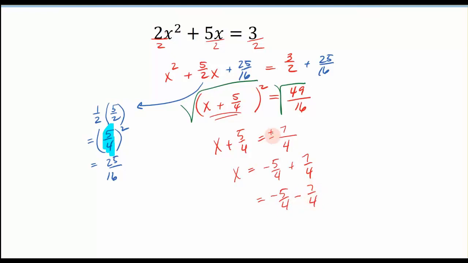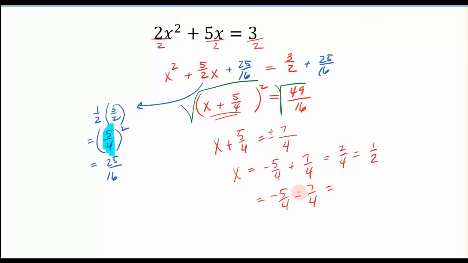Remember that if I have a plus or minus on the right-hand side, I have to account for both a positive 7/4 and a negative 7/4, giving me these two possible solutions. If I add negative 5/4 plus 7/4, that would give me 2/4 or 1/2, because I add the numerators together and keep the denominator the same.